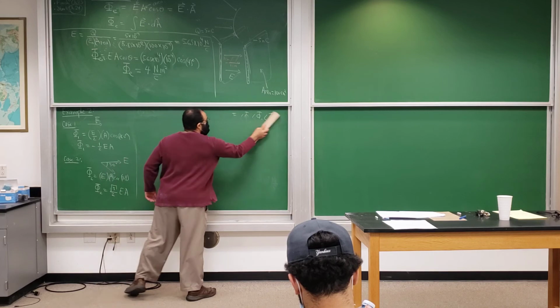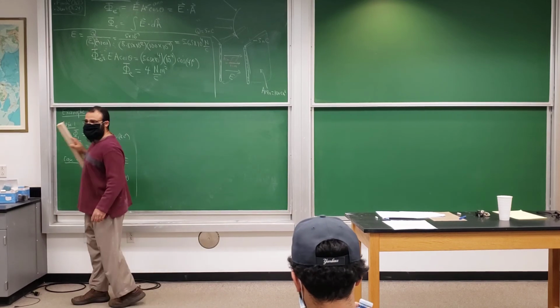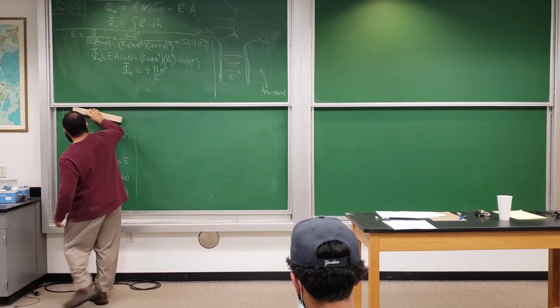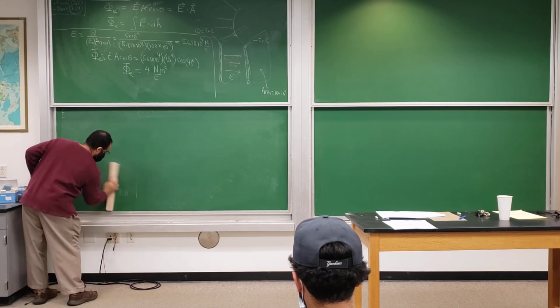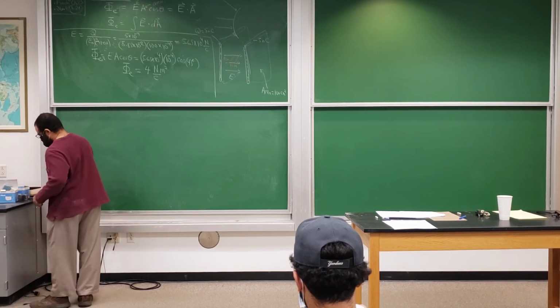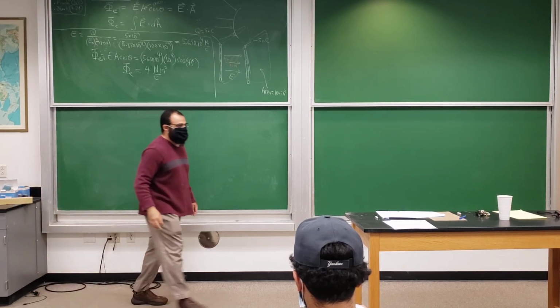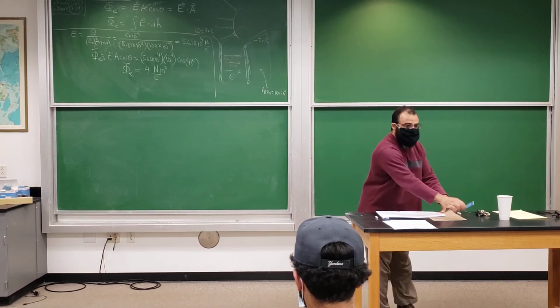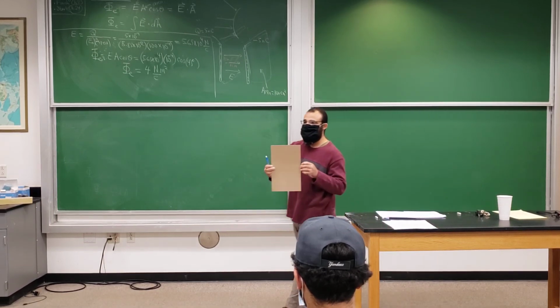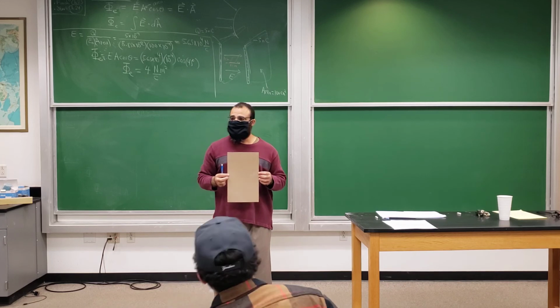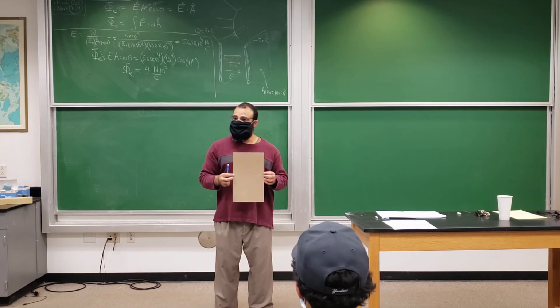Now, how do you determine the direction of the normal if you have an open surface versus a closed surface? So here's what I mean. This is a rectangle. In what direction is the area? It's kind of ambiguous.